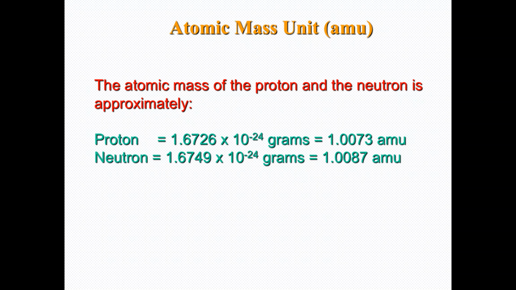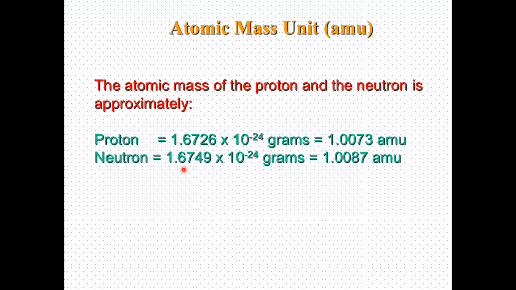In atomic mass units, the atomic masses of the proton and the neutron are approximately given here. You can see it here. The mass of the proton is 1.6726 × 10^-24 grams, which if we convert into AMU is 1.0073 AMU.